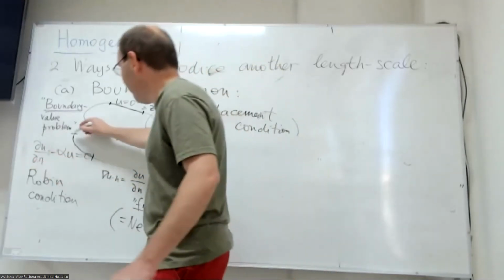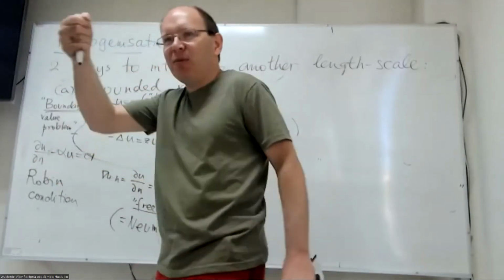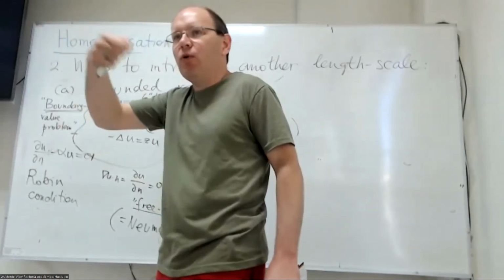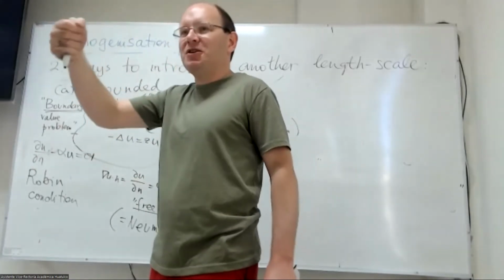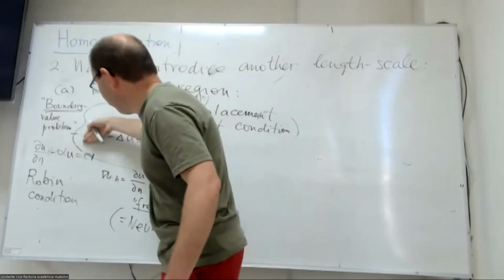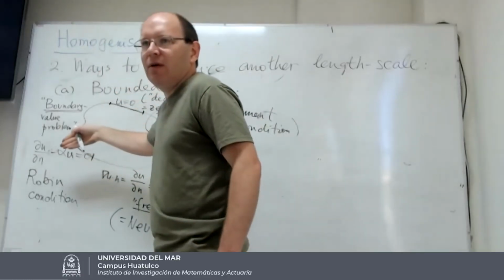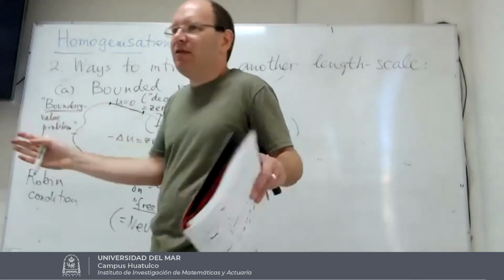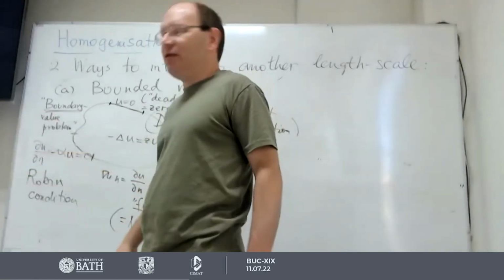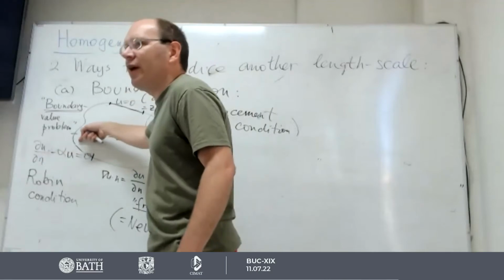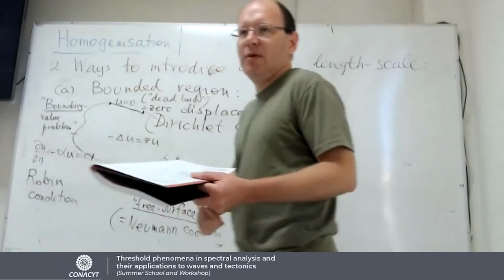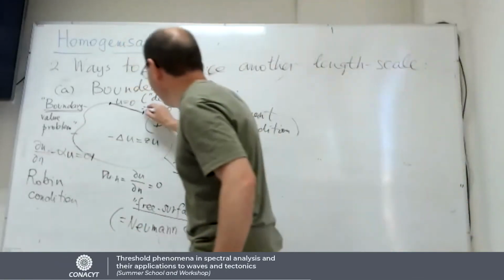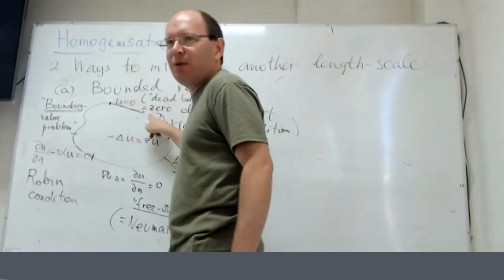These conditions are about some quantitative description of the behavior of the displacement when I get close to this part of the boundary. You can think of it as open, or you can think of it as closed, or it's not relevant. It's about what happens to the solution when I get to this point. So when I drew this, it doesn't mean that I just close this part of the boundary.